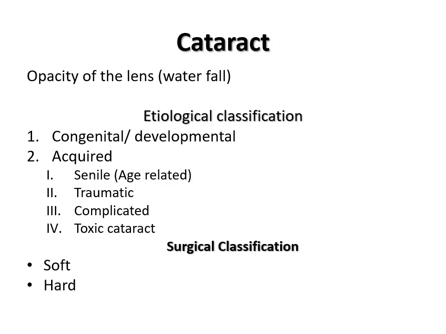The surgical classification is either soft or hard cataract, and this is usually related to the age. So if this is before the age of 30, which means before the nuclear sclerosis, it will be a soft cataract, and if it happens after the age of 30, usually it is a hard cataract.